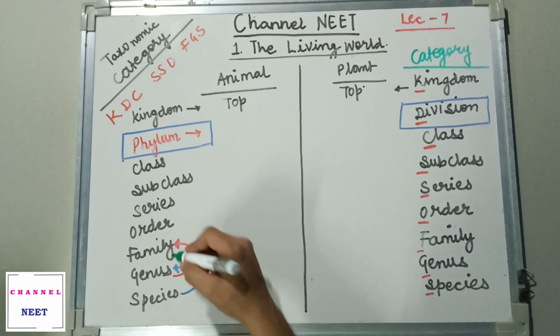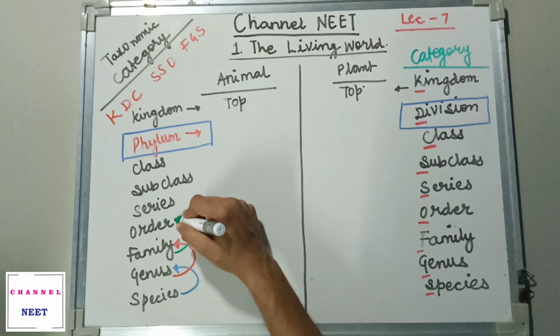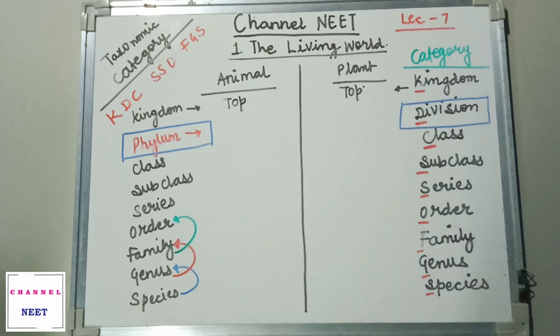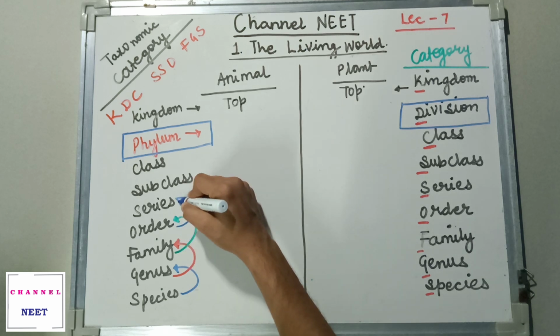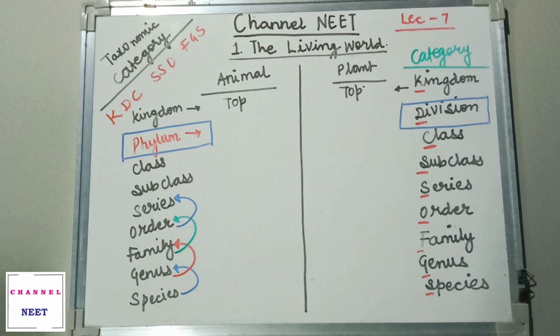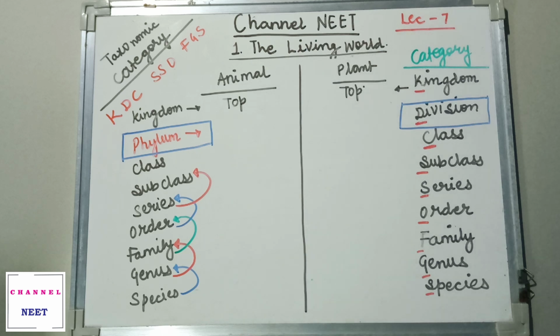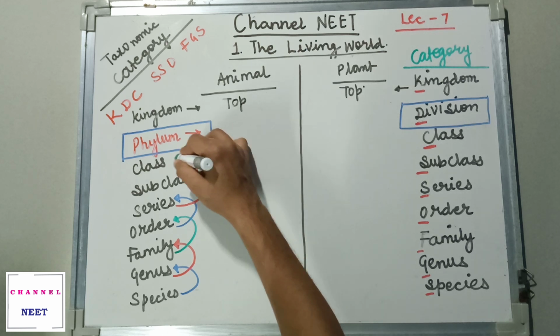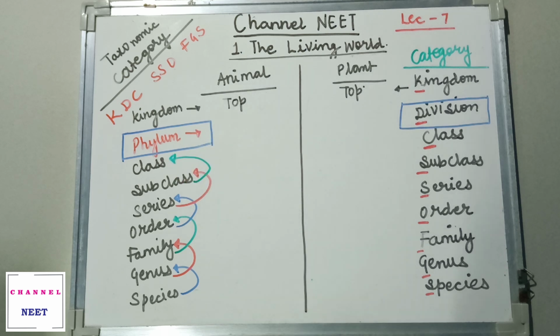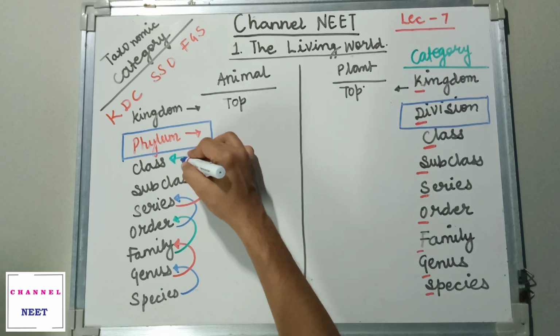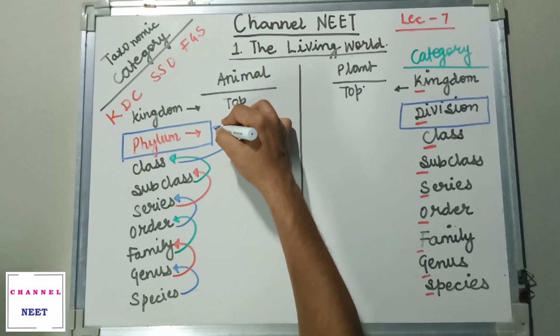Families are grouped to form order. Orders are grouped to form series. Series are grouped to form subclass. Subclass is grouped to form class. Classes are grouped to form phylum.